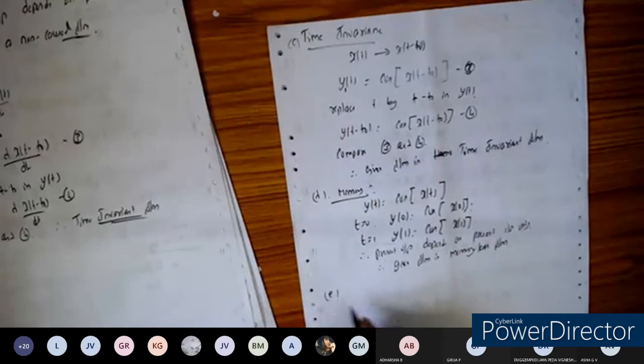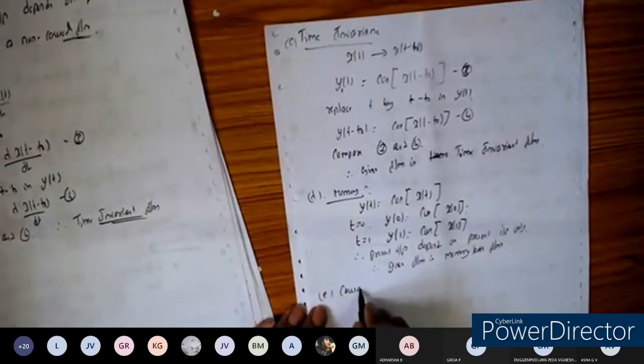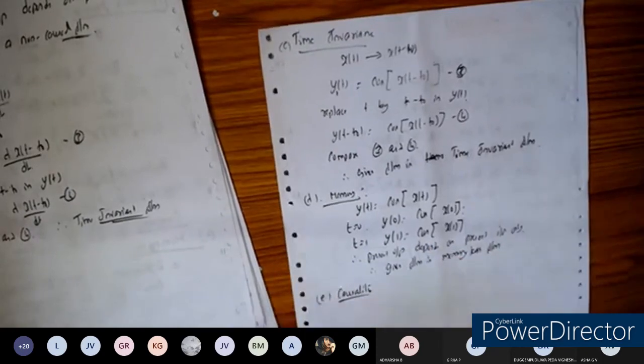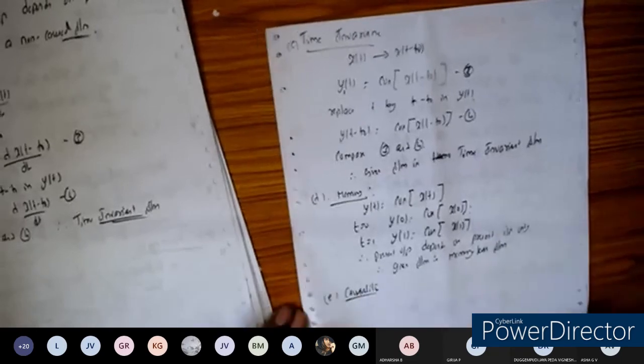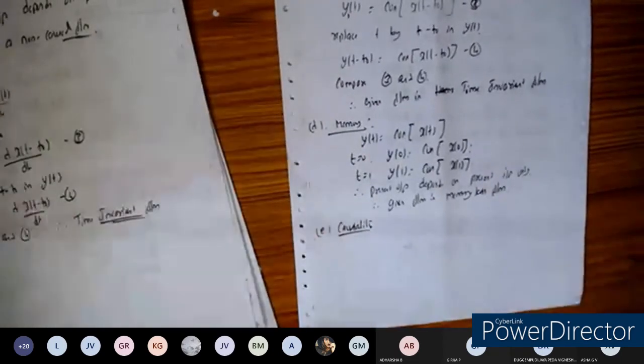Okay, similarly I can check the causality also. You can say it's a causal system here because it does not depend on the future values of the input.